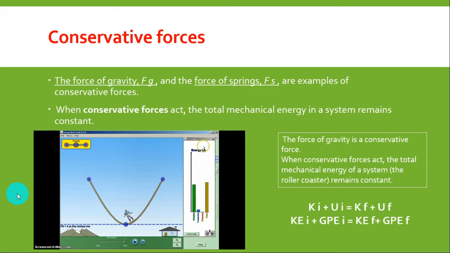Okay, let me explain to you what happened here in this case. Now here, we will assume that this surface has no friction. It is a smooth surface, zero friction. No friction, no air resistance.